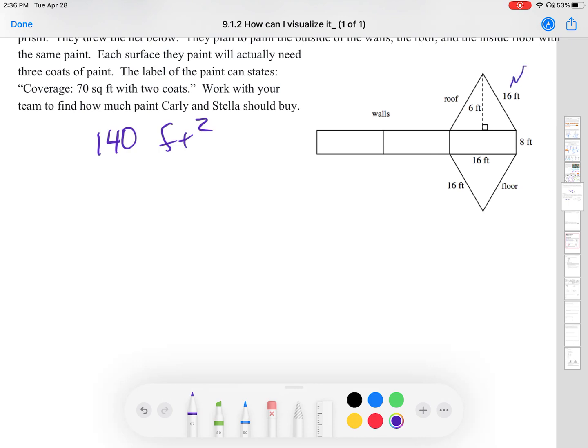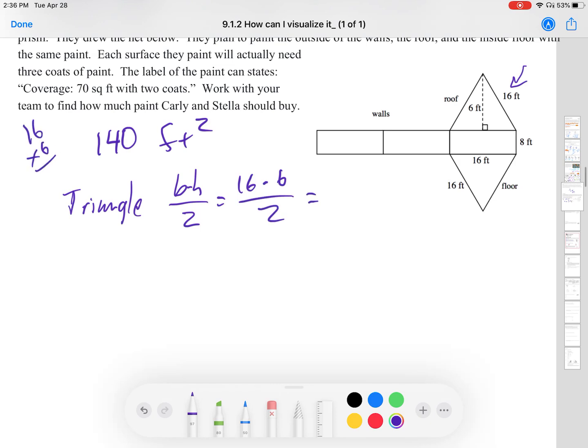Area of any triangle is base times height divided by 2. The base of every triangle is 16, and the height of that is 6. And then we'll divide that by 2. 16 times 6 is 96. So 96 divided by 2 is 48.